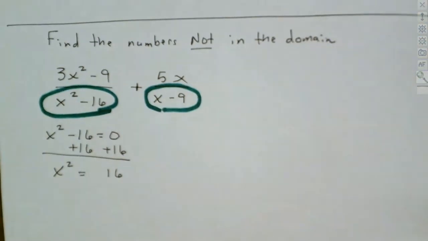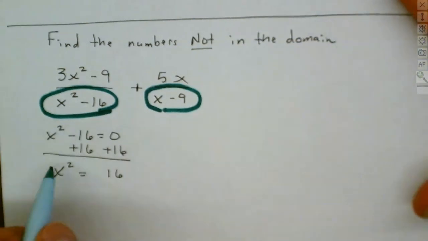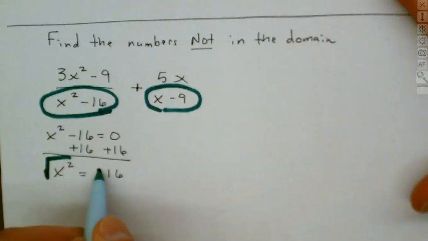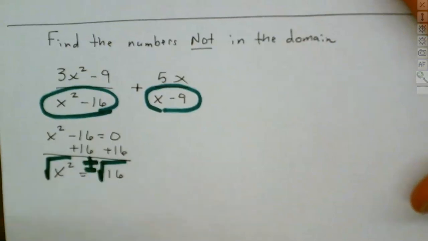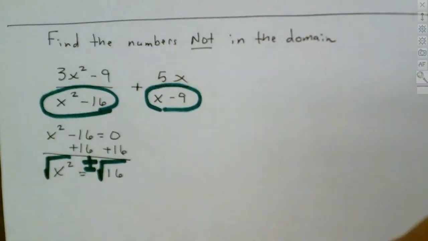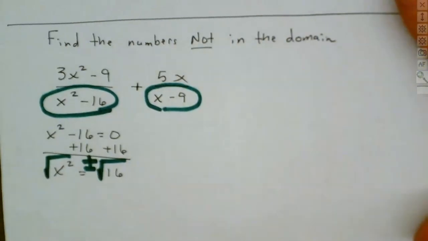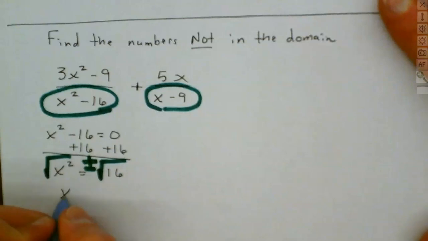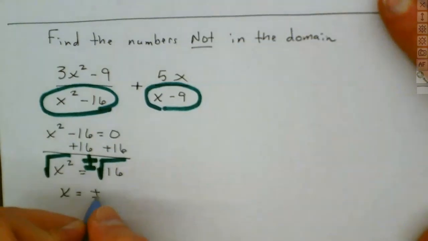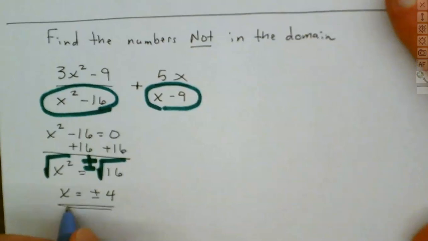And how do we now get rid of the square? What do we use? Square root. And whenever you take a square root, what else do we have to add on? Plus or minus, right? And what's the square root of 16? Square root of 16 is 4. So there's 2 of them there.